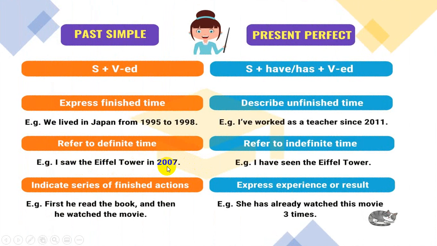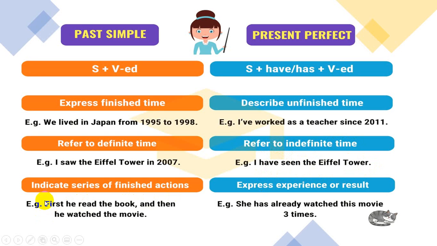There is a definite time here, so we mustn't put it in the perfect tense because present perfect refers to indefinite time. Like I have seen the Eiffel Tower, but I didn't say when.